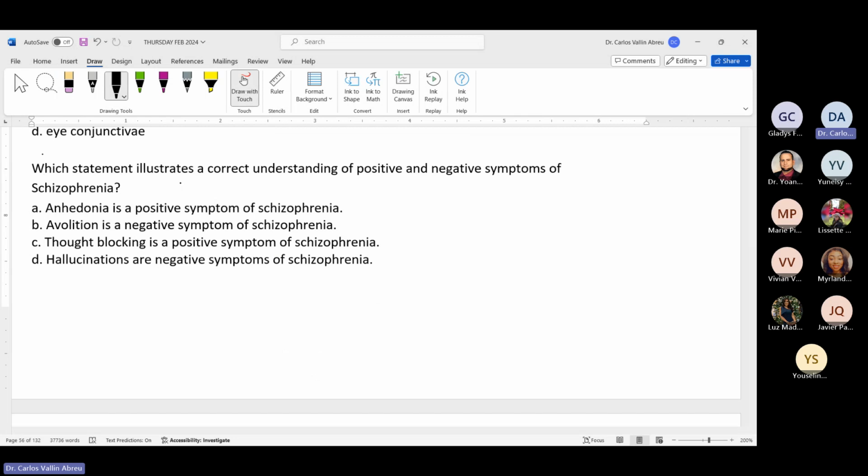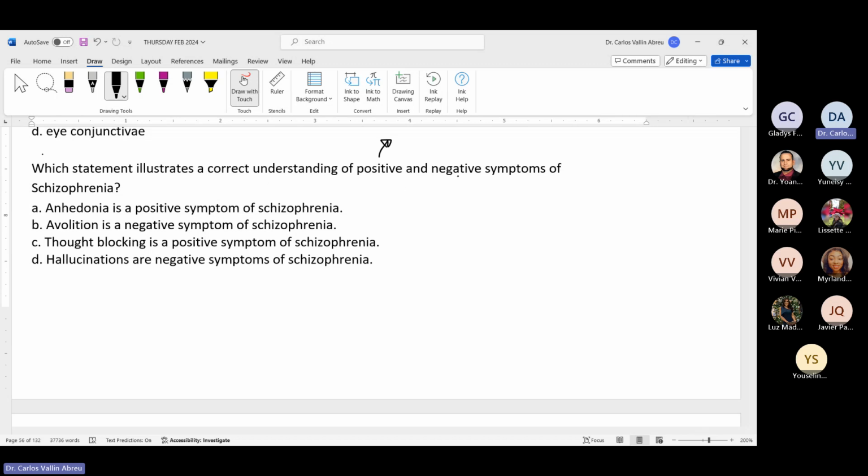Which statement illustrates a correct understanding of positive and negative symptoms of schizophrenia? We need to know that positive symptoms are symptoms added by the disease, symptoms that were not present before the disease and appear when schizophrenia develops.